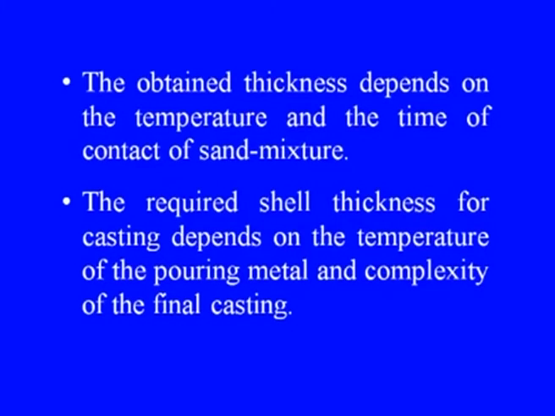The obtained thickness depends on the temperature and the time of contact of the sand mixture. The required shell thickness for casting depends on the temperature of the pouring metal and complexity of the final casting. The shell thickness can range from 2 to 8 millimeters depending on the requirements.